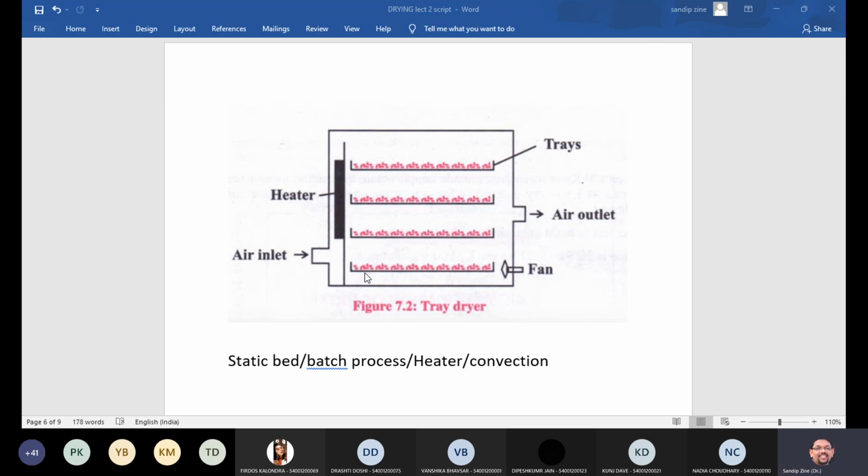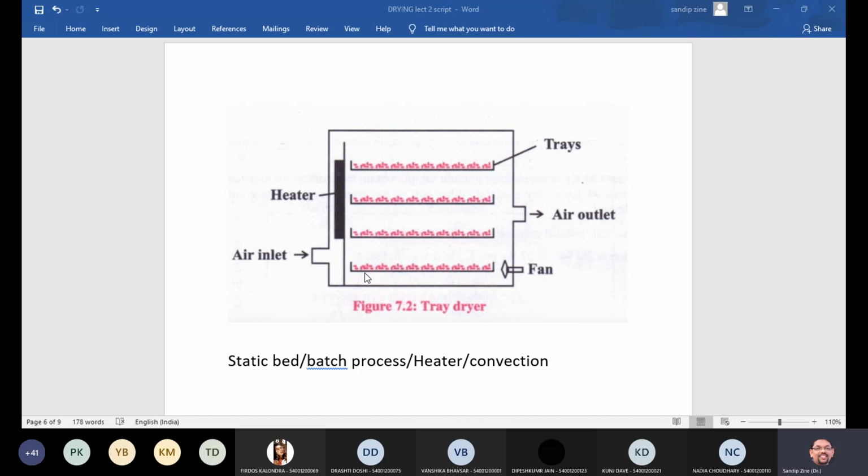Otherwise, if you interrupt the airflow, that will affect your drying process, and we are not getting proper results. So even baffles are used to distribute the air uniformly over the trays, and some moist air is continuously vented through the outlet.